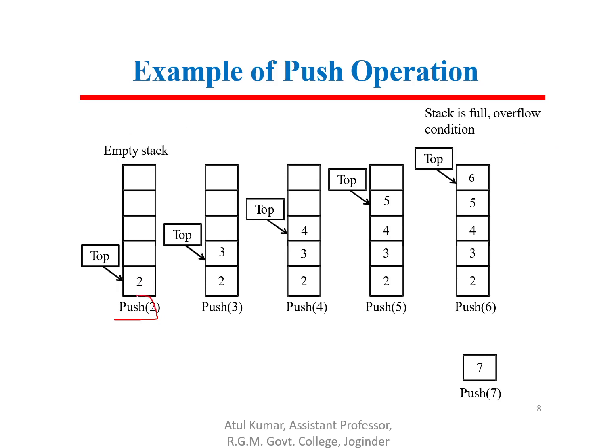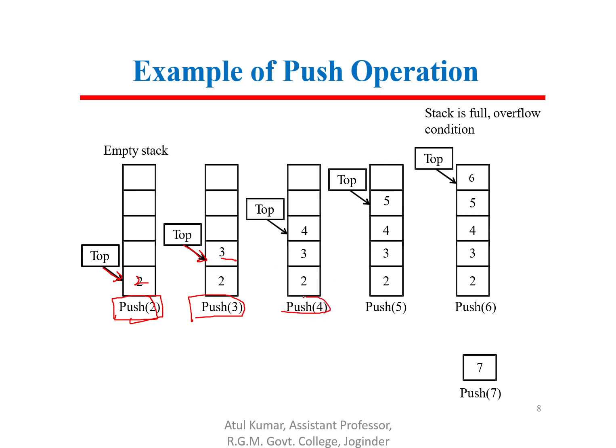Firstly, we have an empty stack and we have pushed an item 2 in the stack, and now the top points to this position. In the second step we have pushed the item 3, and the top pointer points to this position.